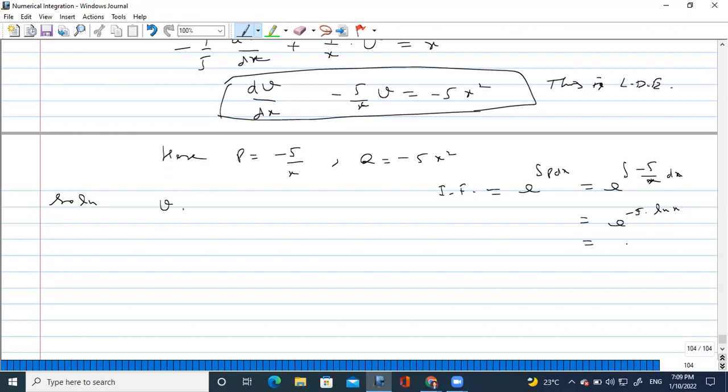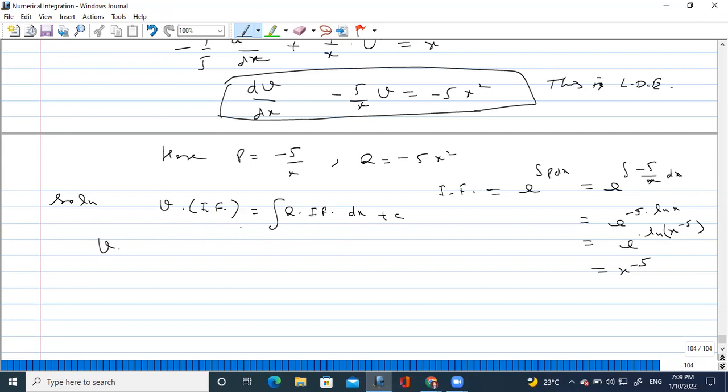So it will be e to the power ln x to the power minus 5, and e and ln will cancel, so the answer is only x to the power minus 5. So v into the integrating factor will be equal to integral q into integrating factor dx plus c. This will be the answer.